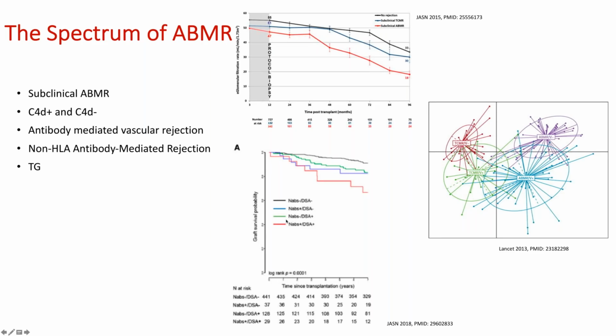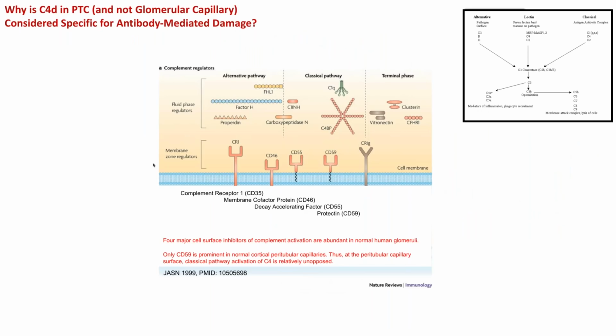This is all preliminary data that's coming in, and more and more centers have to validate this. But at this time, we need to keep in mind that it is simply not the HLA antibodies that are involved, but there could be several known and unknown non-HLA antibodies that could also play a major role in causing graft dysfunction.